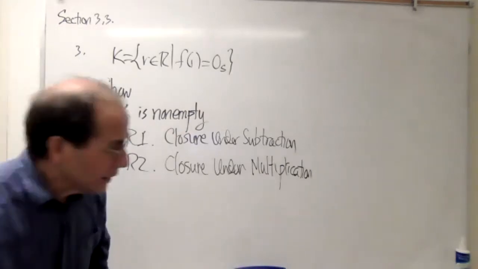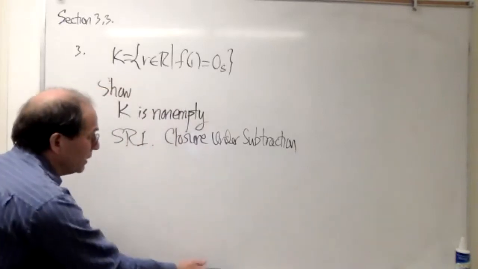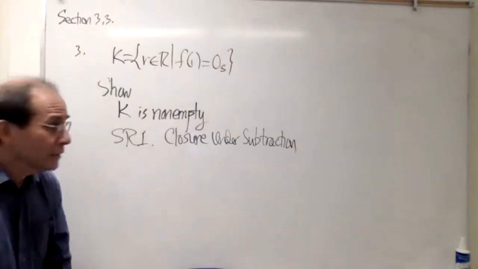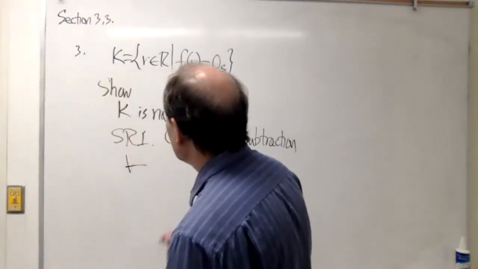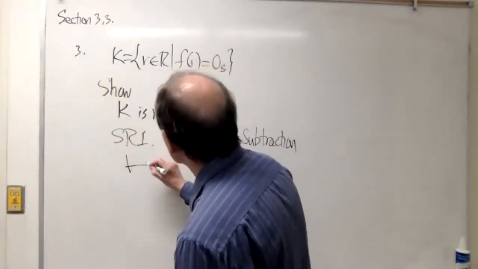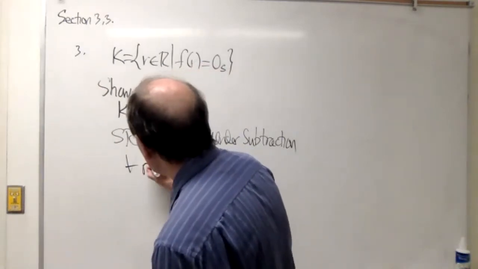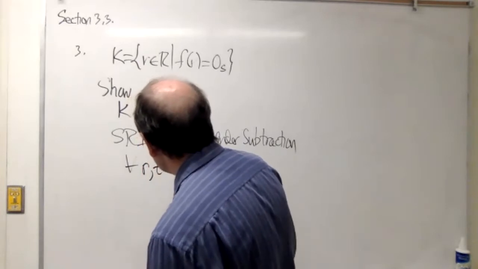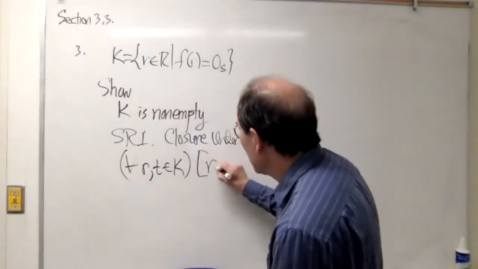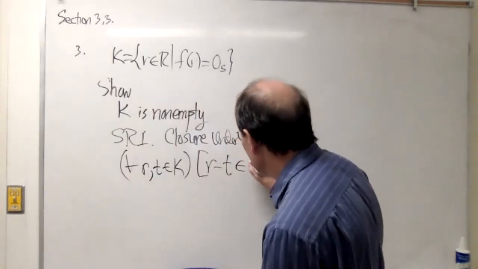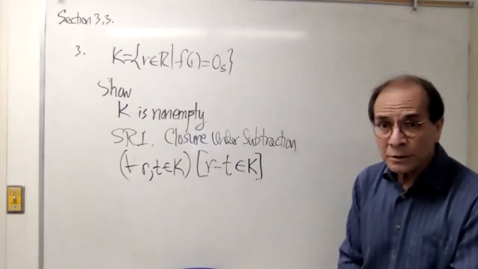And so let's just take a look at SR1, okay, this closure under subtraction. So this is going to be for all, we'll use R and T in K, R minus T is in K. Okay, so that's what closure under subtraction is going to mean.